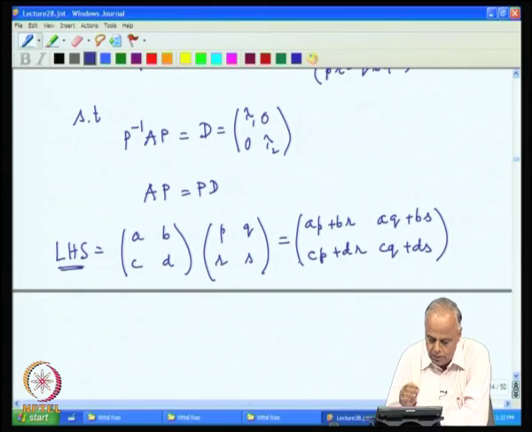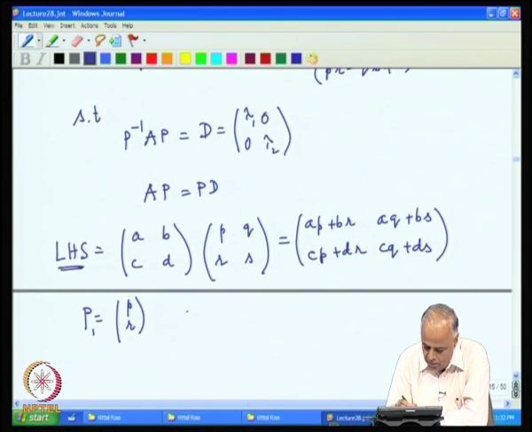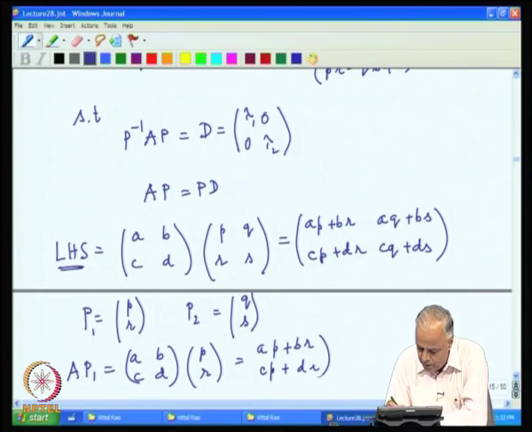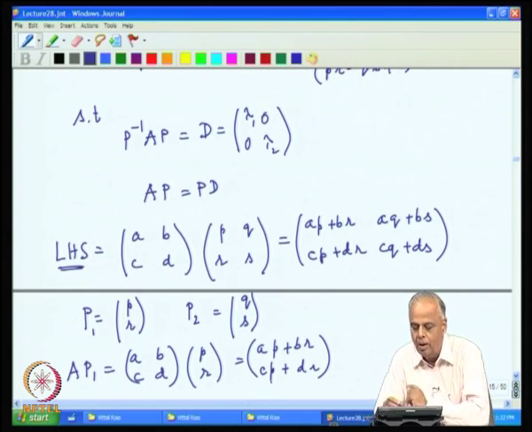Now, let us look at our column notation. The first column of P, P 1, is P R, and P 2 is Q S. So, what is A P 1? A P 1 is A B C D into P R, which is A P plus B R, C P plus D R. This is the first column of the product.